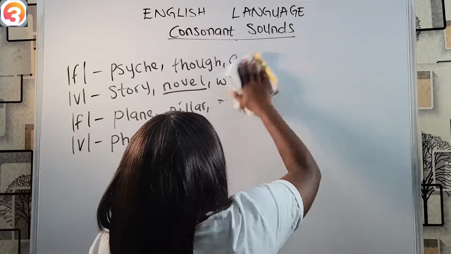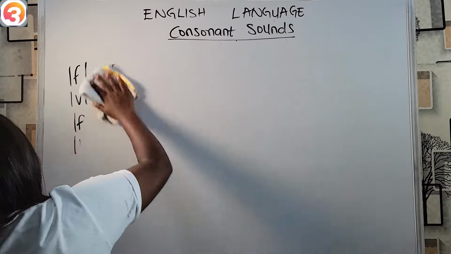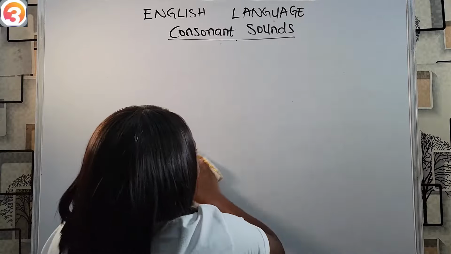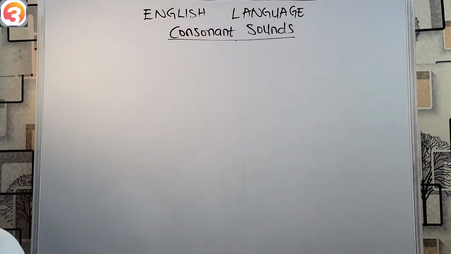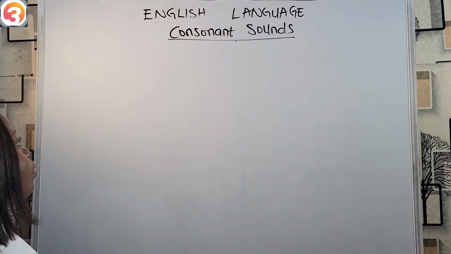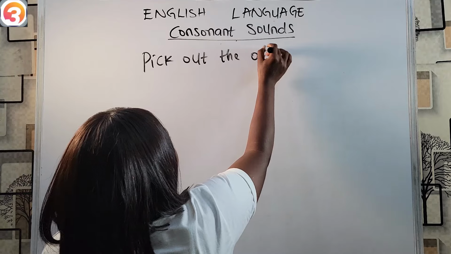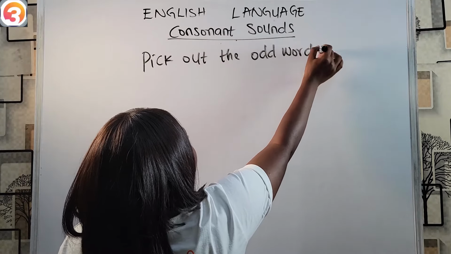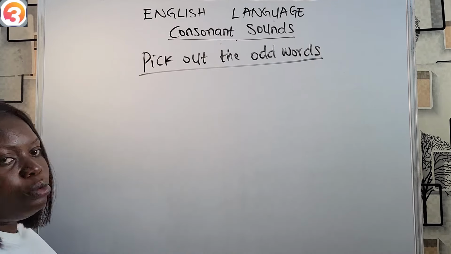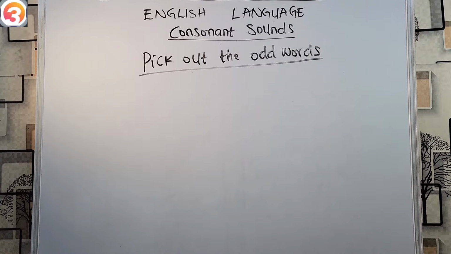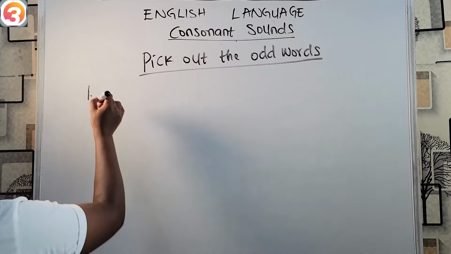Then lastly, we look for the odd ones. Let's pick out the odd words. No matter how similar the words are when they are mixed up together, we should be able to note similarities and get the one that is different.